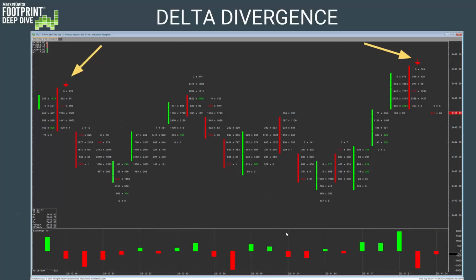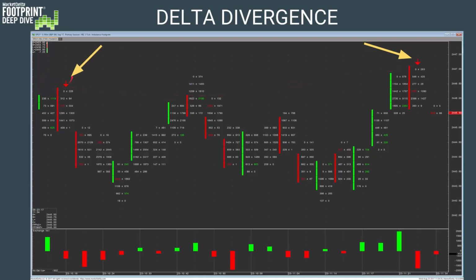First, delta divergence. This is a pattern that looks for a divergence in price and delta, or the order flow for the bar. When I use the word delta with respect to the delta divergence pattern, I'm referring to the delta for the bar. Let me turn on my laser pointer here, and you can see we're going to focus on this first signal right up here. This was a short signal, and so was this one over here.